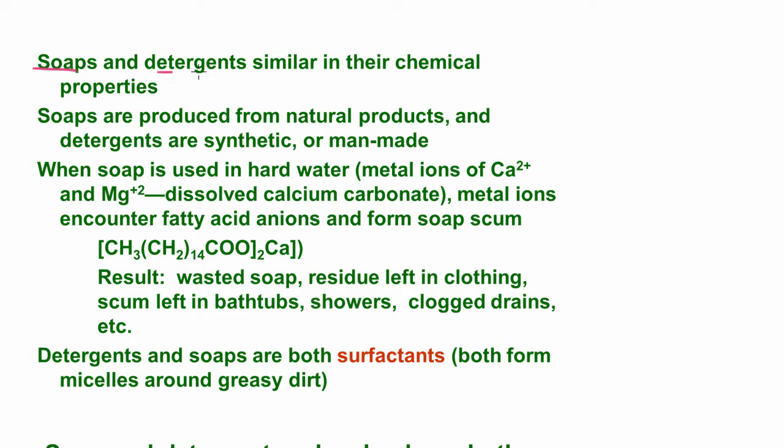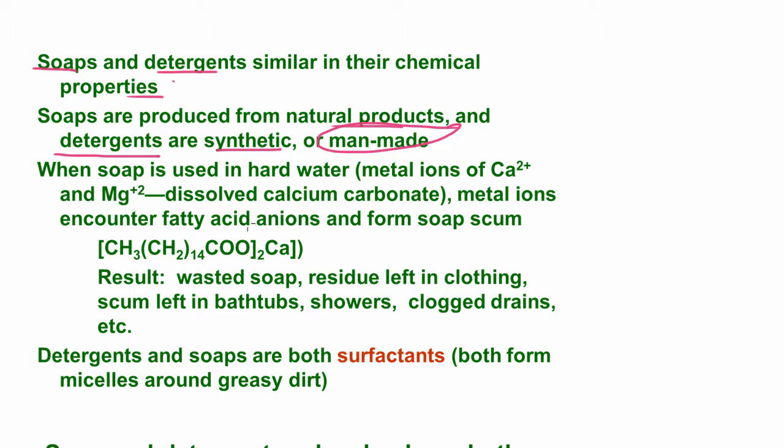Turns out the soaps and detergents are similar in their chemical properties. Soaps are produced from natural products, whereas detergents are synthetic. When we say synthetic, we mean man-made. When a soap is used in hard water, what we have are calcium and magnesium ions.